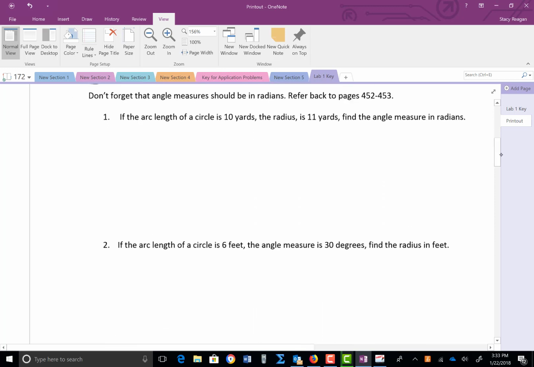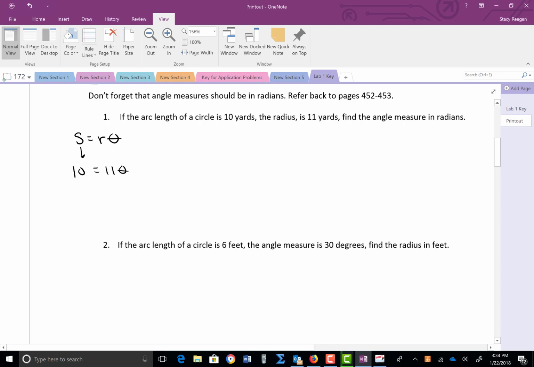So if we look at the first one, it says if the arc length of a circle is 10 yards, the radius is 11 yards, find the angle measure in radians. So here's our formula for arc length. We have arc length is 10 yards. They're both in the same unit, so we don't need to do any kind of conversion. Our radius is 11 yards, and we're looking for theta.